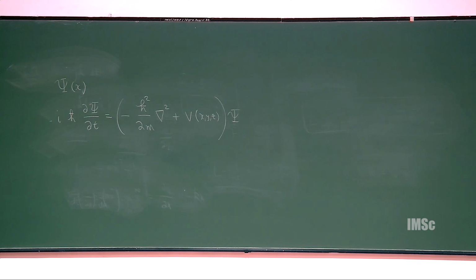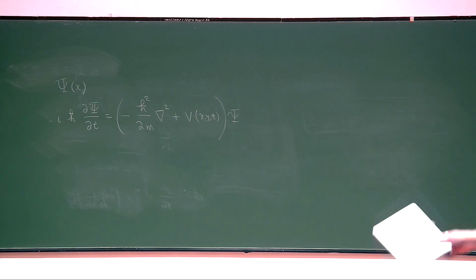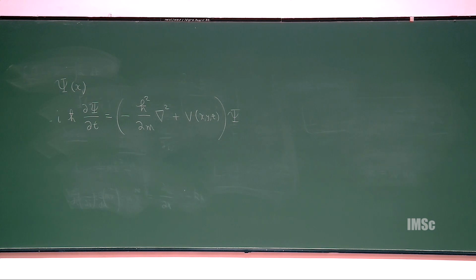So it will have a form like f of x minus vt or f of x plus vt. The wave can move in this direction or in this direction. So it is a kind of wave equation like that.